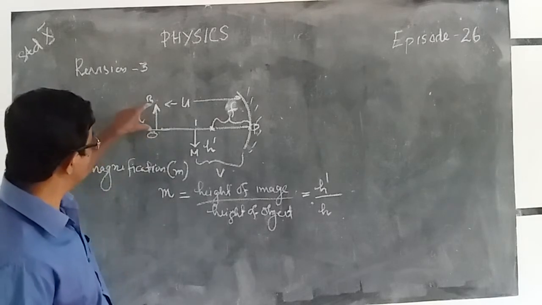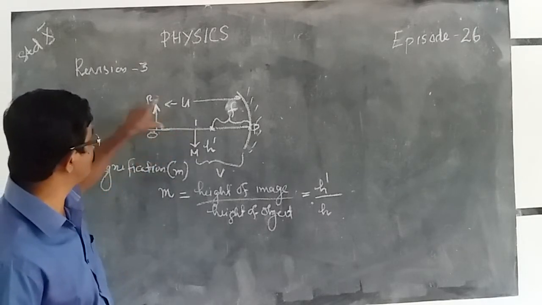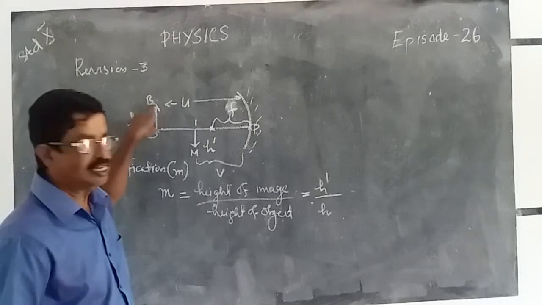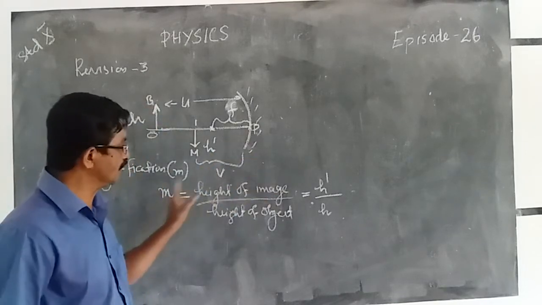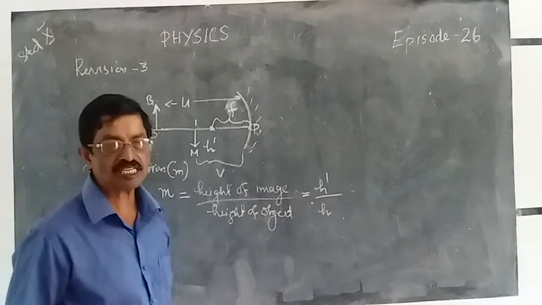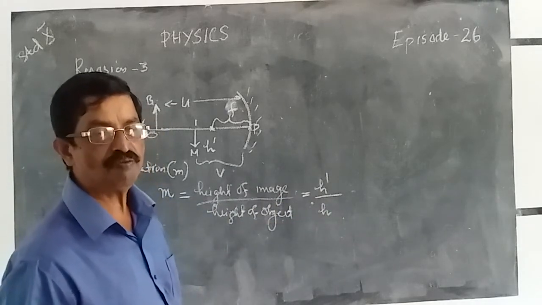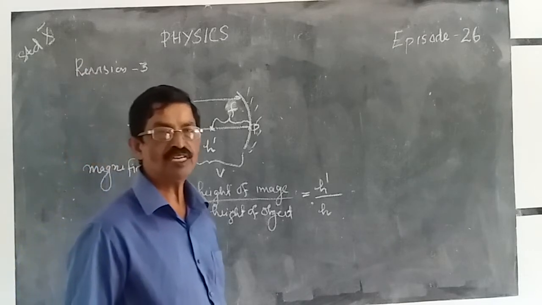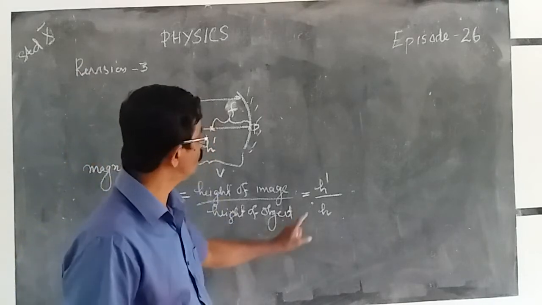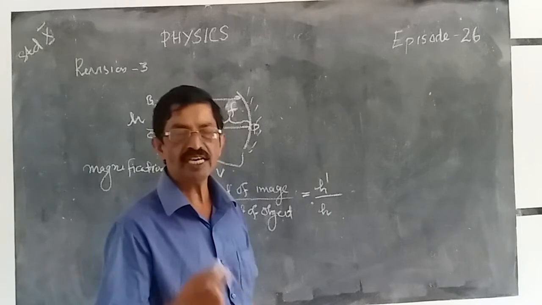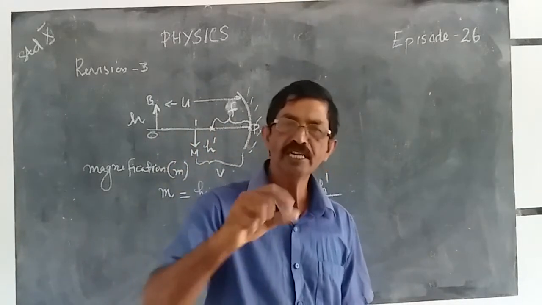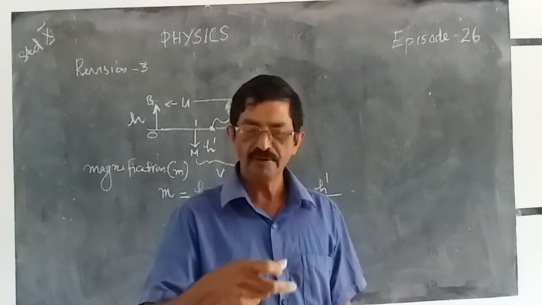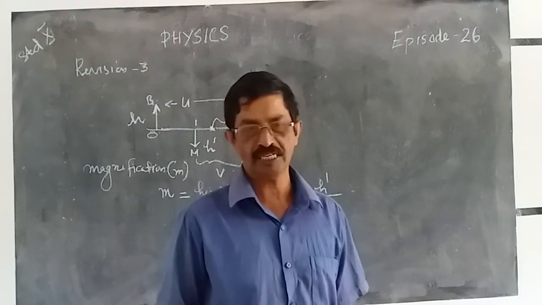Here we know height in the downside is negative, upside is positive, and the ratio M is equal to h dash by h. That is the magnification. It is the ratio of height of image to the height of object, or simply we can say how many times the image we got when comparing with the object.